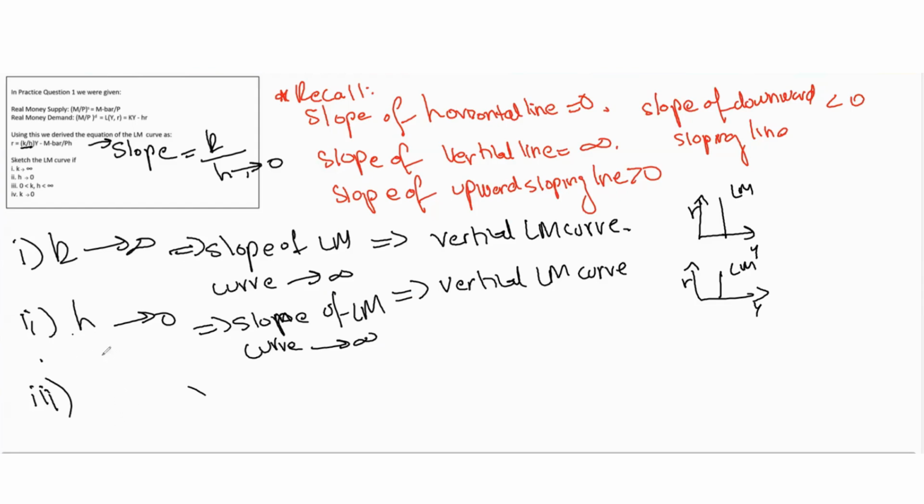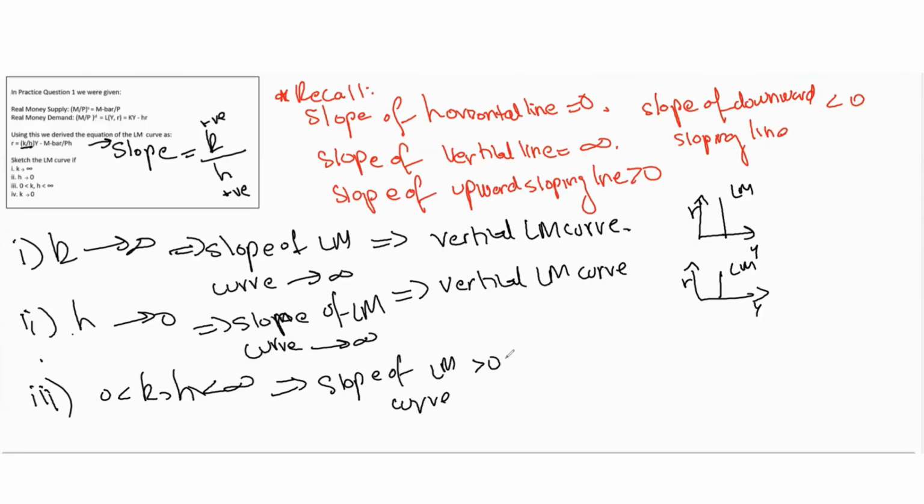Then part 3 was that k and h are greater than 0 and less than infinity. So both of these numbers are positive. This means the slope of the LM curve is greater than 0, because a positive number divided by a positive number is also a positive number. So we have an upward sloping LM curve.